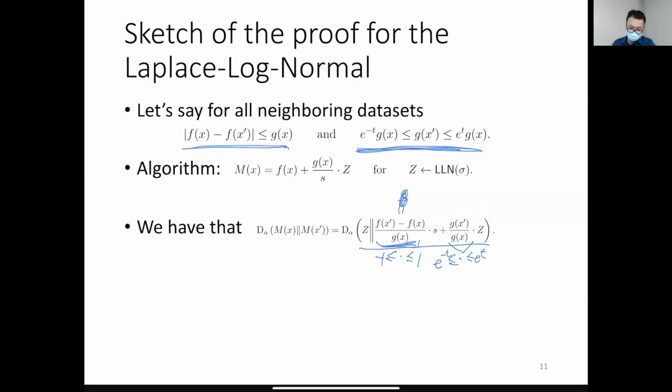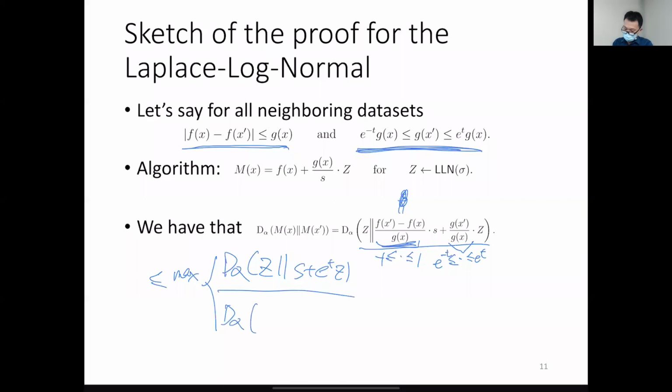So with these two, we have reduced the problem to bounding the max of two concrete Rényi divergences, Z versus S plus e^t Z, and if we just toggle the two, S plus e^-t Z. Okay, so it becomes bounding these two Rényi divergences.